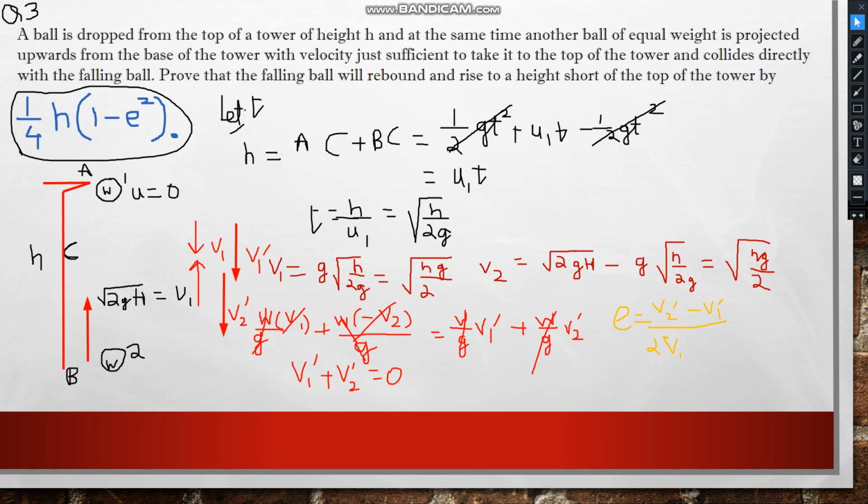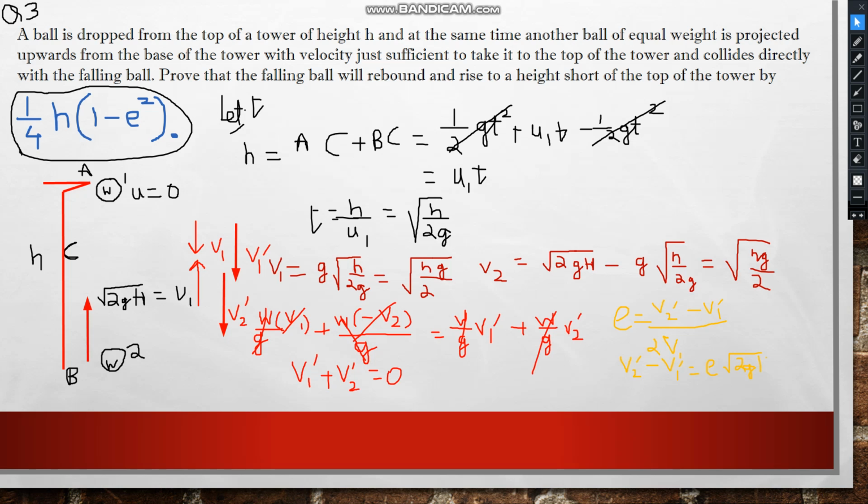So 2v1 you can write. Now we know the value of v1, which is root gh by 2. So we don't know the value of e once again. What we can do, we can find v2 dash minus v1 dash is equal to e times root 2gh.